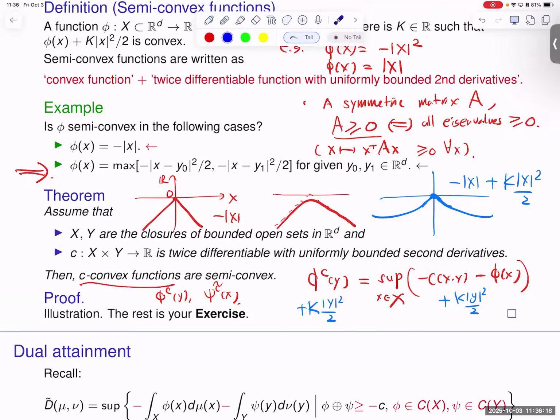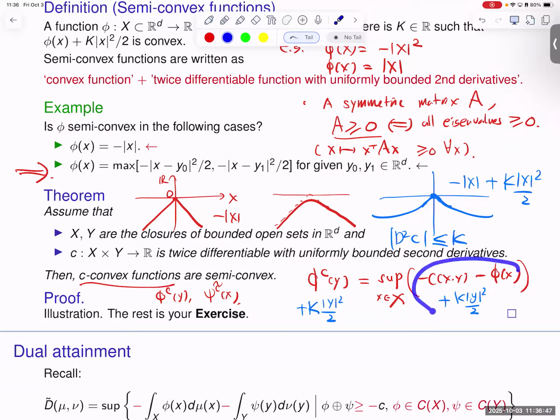Now this negative C has a lower bound on the Hessian. If the Hessian of C is bounded by K, and you add this function, then the lower bound of the Hessian after this addition will be 0, right?